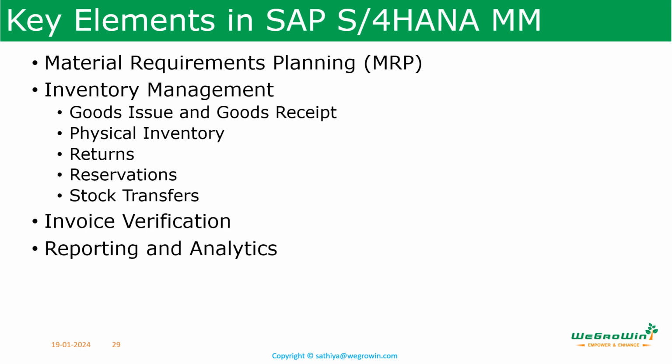Then inventory management, which involves goods issue and goods receipt, physical inventory, returns to the suppliers, reservations created manually or with respect to production, stock transfers among storage locations or among the plants, and invoice verification. It also involves reporting and analytics. These are the various elements involved in the MM process.